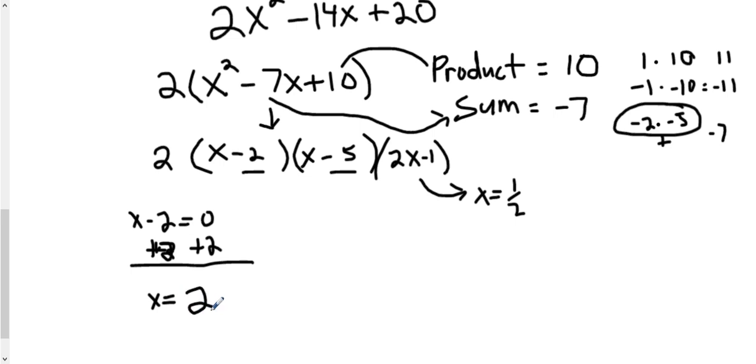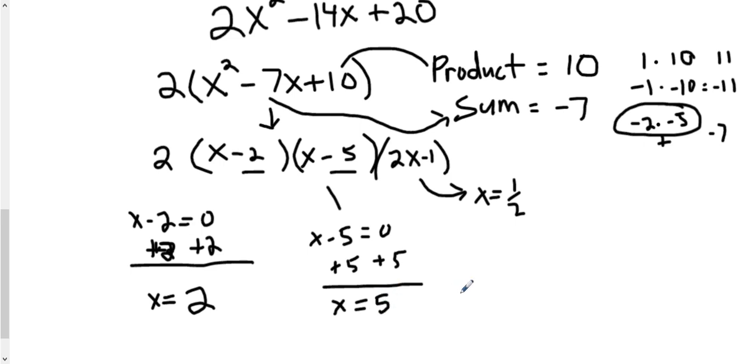All right, so there's a solution. X is 1/2. Set this other factor, x minus 5, equal to 0, and add 5 to both sides. Solving for x, you get x equals 5. I'm going to pause it in a minute and show you what the graph looks like too, to show you where these zeros are.